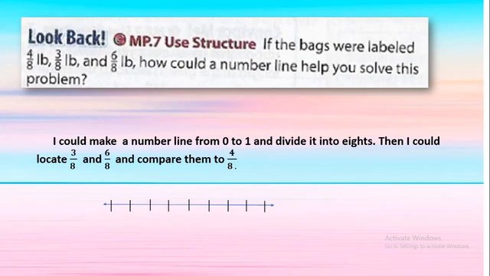Then label each line on the number line from 0 to 1. And then locate the fractions 3/8, 4/8, and 6/8. So by this number line, we can tell which fraction is greater and which fraction is lesser.